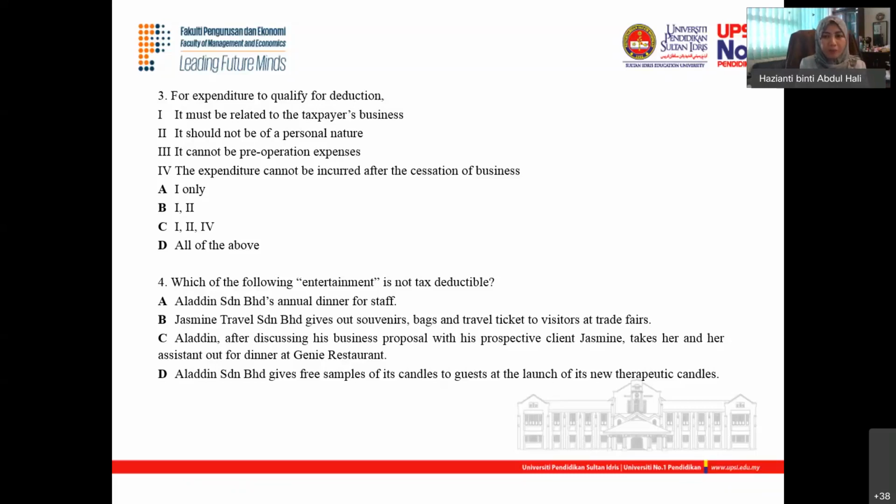Deductible? D, free samples of its new therapeutic candles. D is the same as B because it gives its own product.